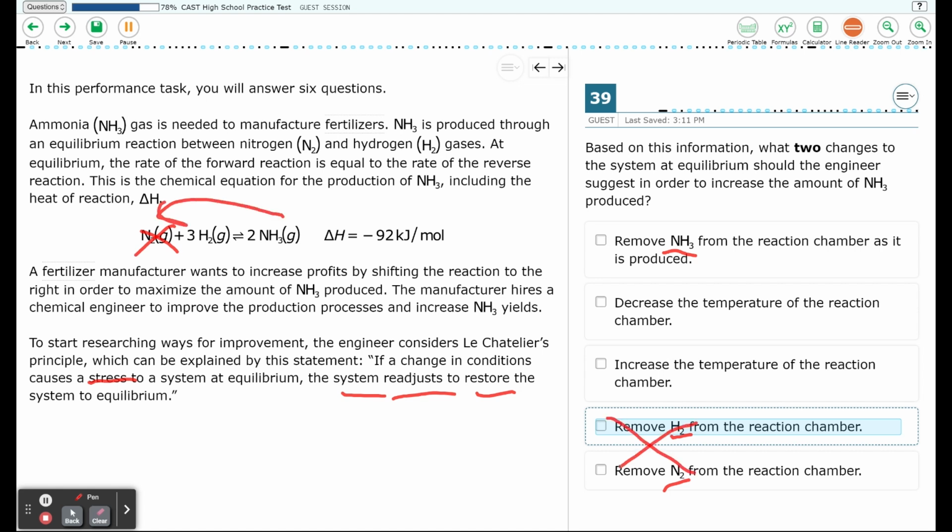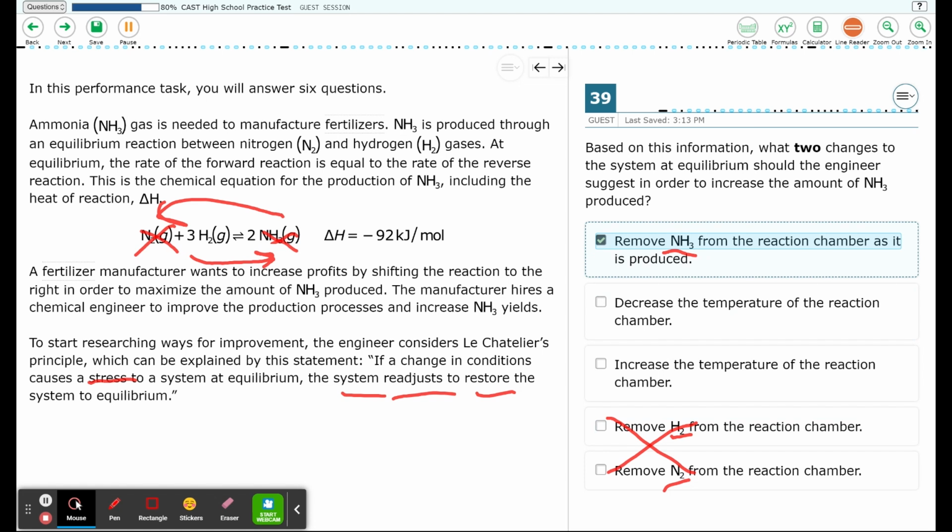So neither of these 2 will be options because they would make the reaction go the wrong way. But if we remove NH3, then it'll make the reaction go this direction, produce more. So removing NH3 from the reaction chamber as it's produced would be a way to shift this reaction to produce more and more NH3, because if there isn't NH3 in the system, it can't go back the other way, is another way of looking at it.